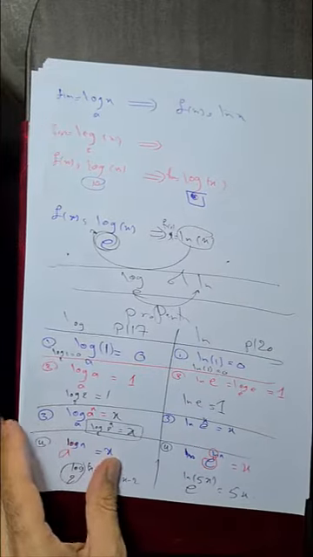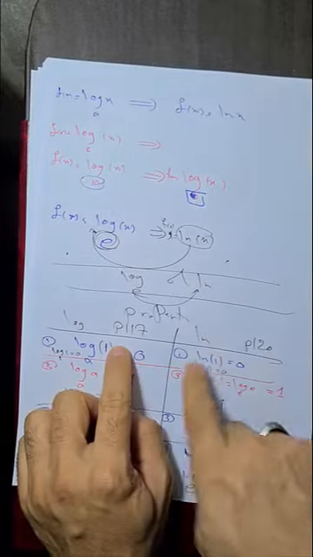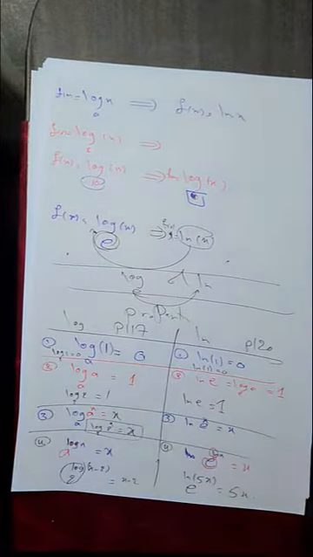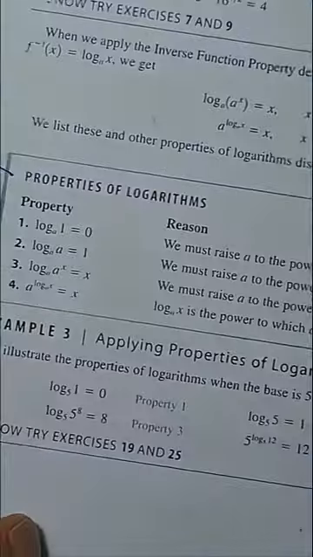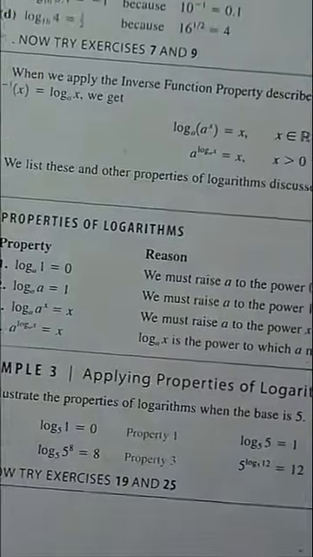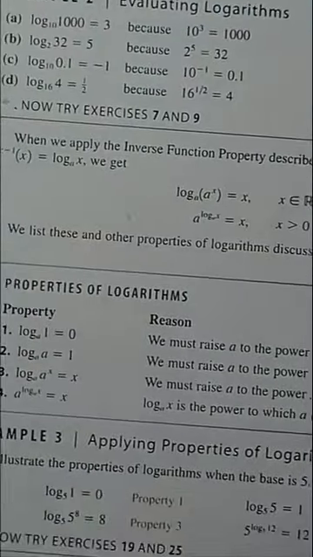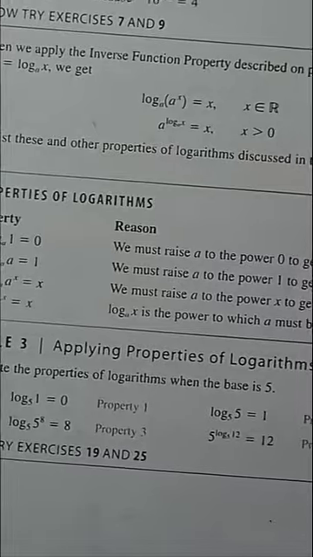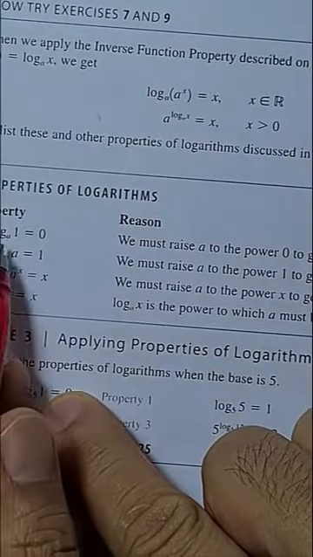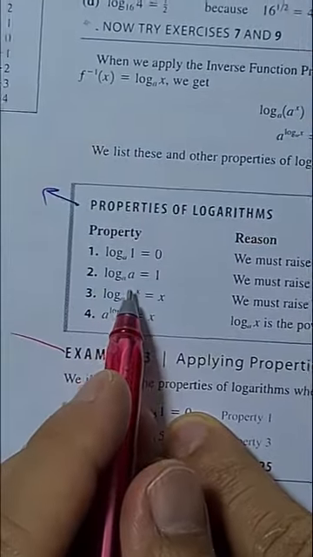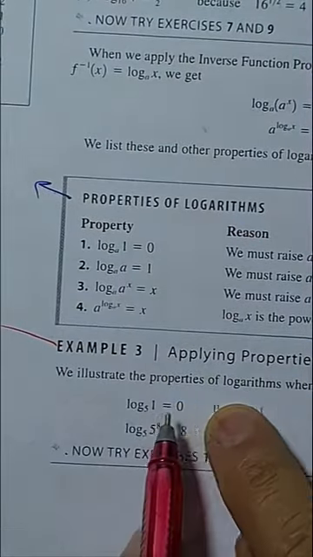Now I have finished page 117 and also page 120, and here are your examples. In example 3 I'm not going to solve them because they are really obvious and you can do it. So log of 1 by the first property is equal to 0.